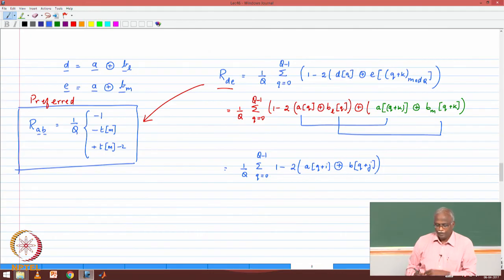What did the property of the preferred sequences tell you? Any shifts of the original two sequences A and B have to be one of these three values. So you can say, these are just two cyclically shifted versions, one a cyclic shifted version of A, the other a cyclic shifted version of B. So this is RDE, and it should also have the same three values.